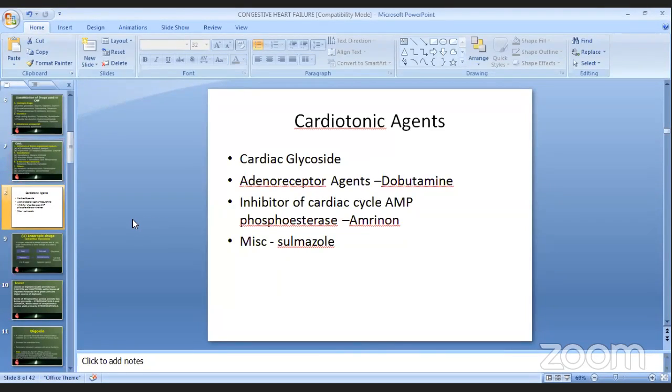Now, cardiotonic drugs. What is cardiotonic? Tonic means it can protect the heart.